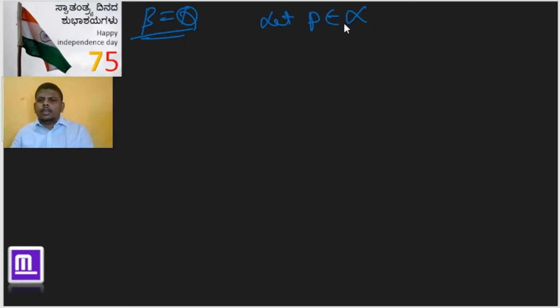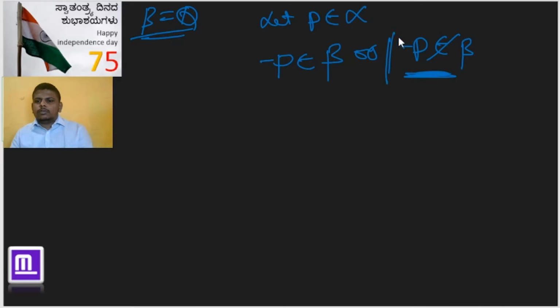Let p be a number in alpha. Then you check whether minus p belongs to beta or minus p does not belong to beta. I will confirm this. This should be your answer.